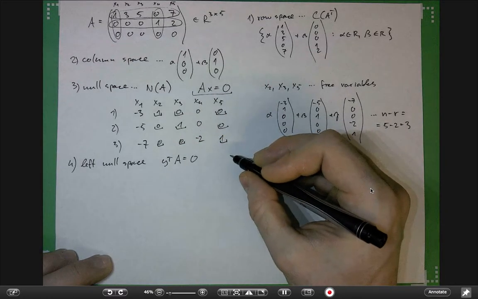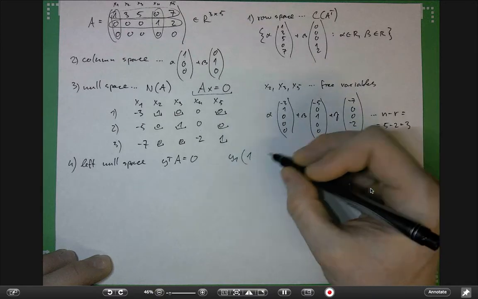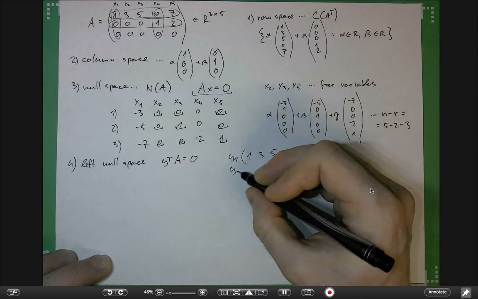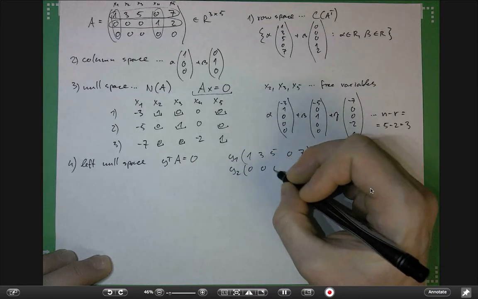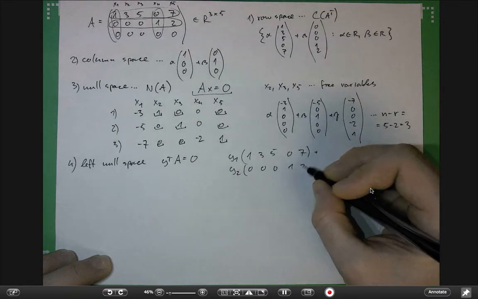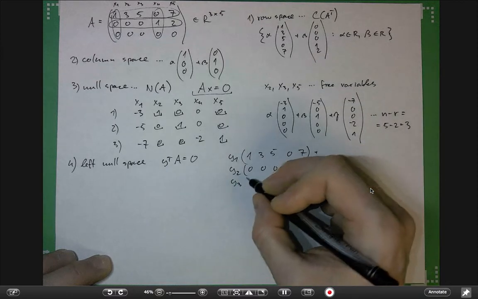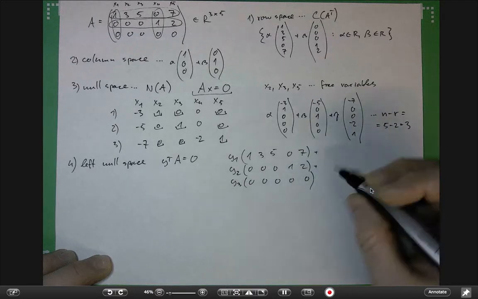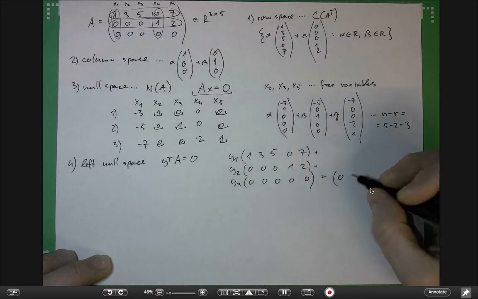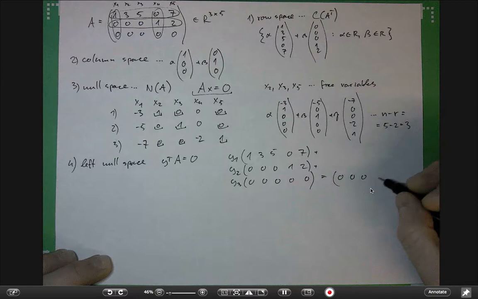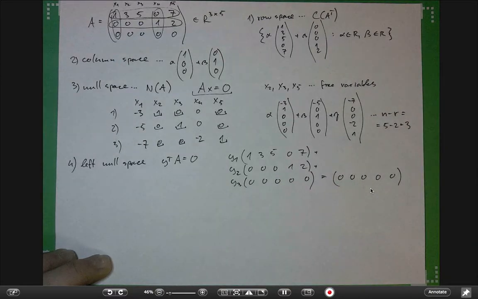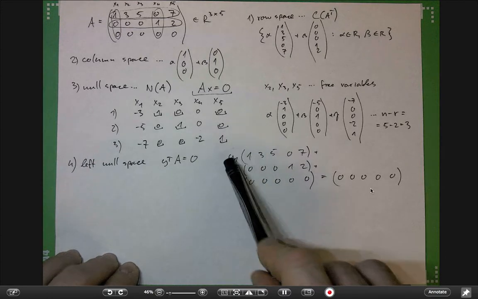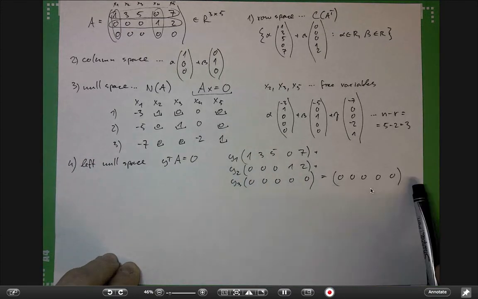That means that if I take y1 and I multiply it with this, y2 with the second row of matrix A, and then y3 times the final row, which is boring because it's all zeros, and I have to get all zeros out of that, right? So how can I pick y1, y2, and y3 so I get all zeros?